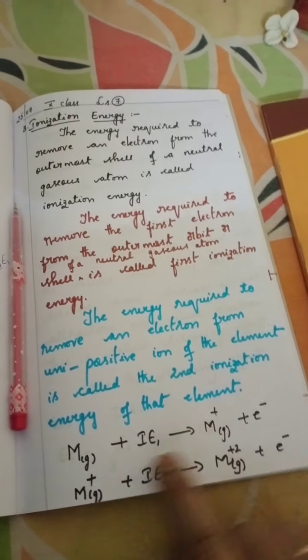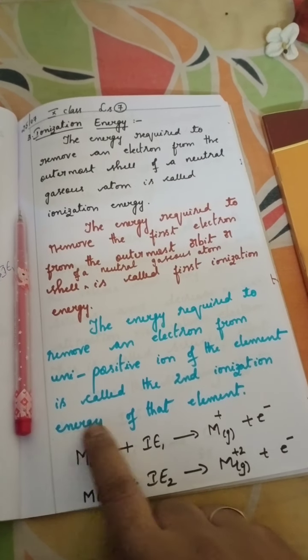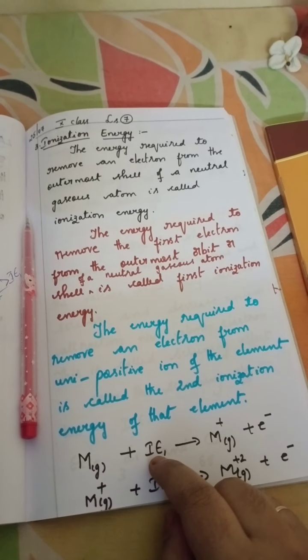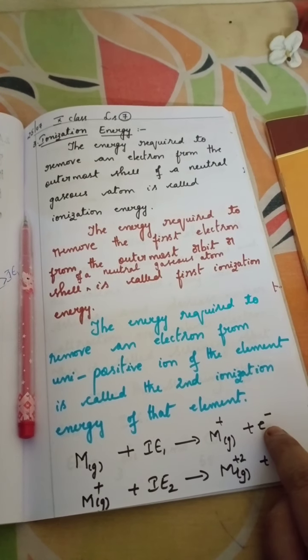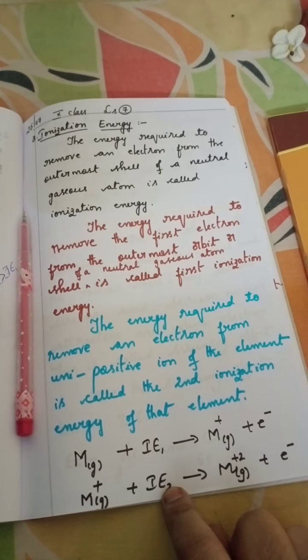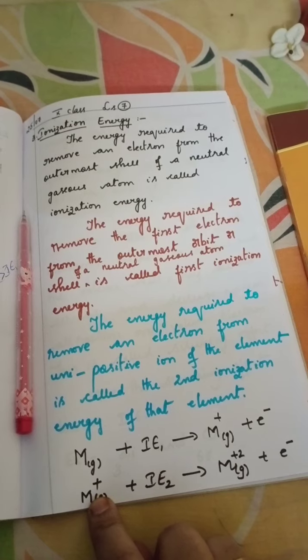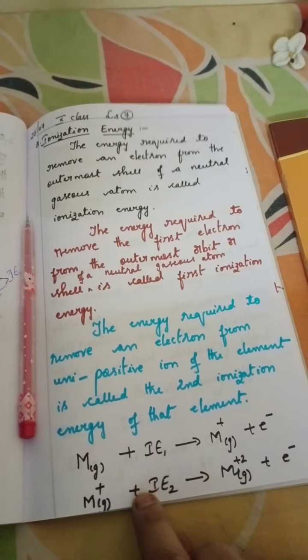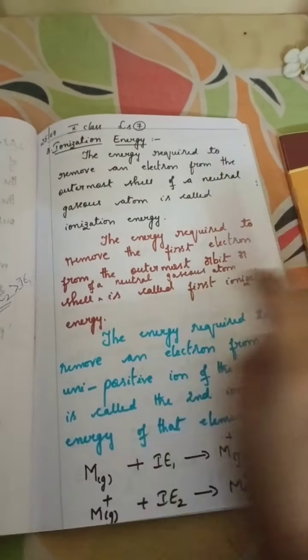You supply some energy, then the electron is removed, giving a unipositive ion. Now again you apply some energy to the unipositive ion to remove an electron. This is the second ionization energy.